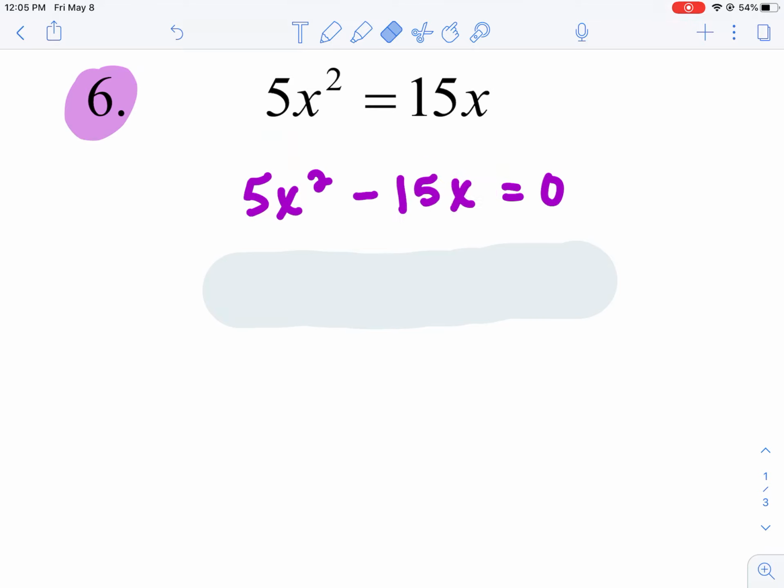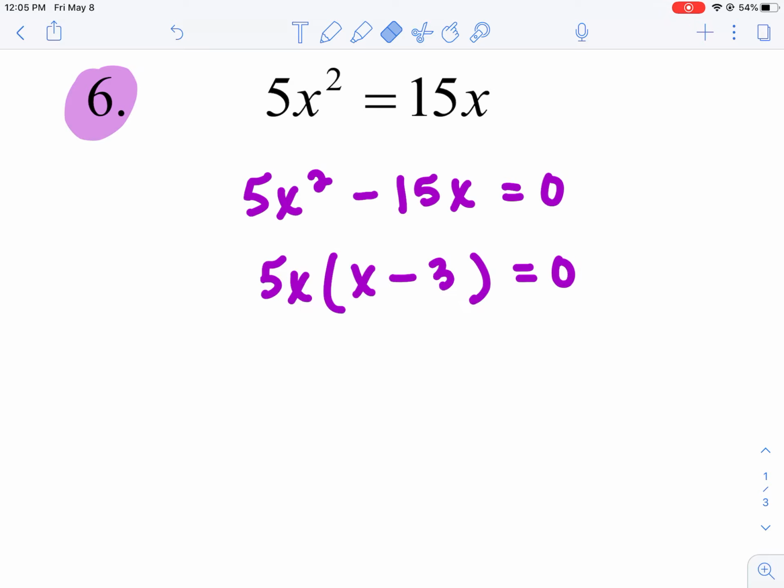What is the largest term that we could divide into 5x squared and 15x? It's 5x. If I divide 5x squared by 5x, I'm left with x. And if I divide this negative 15x by 5x, my x divided by x gives me 1, and 5 divided by 5 gives me that negative 3.